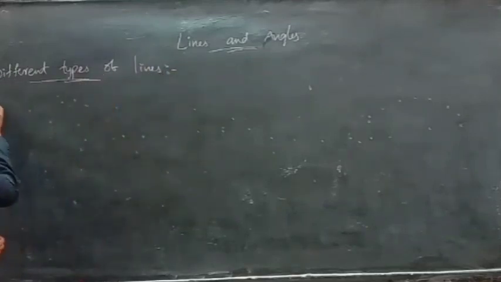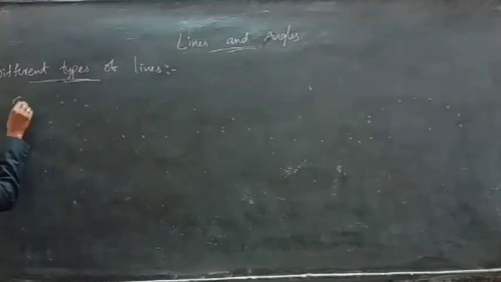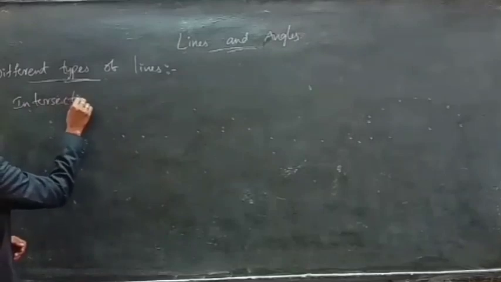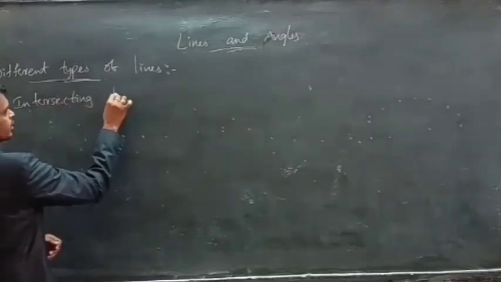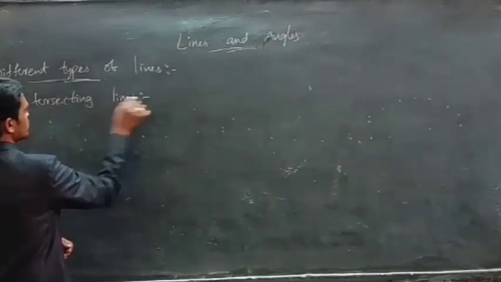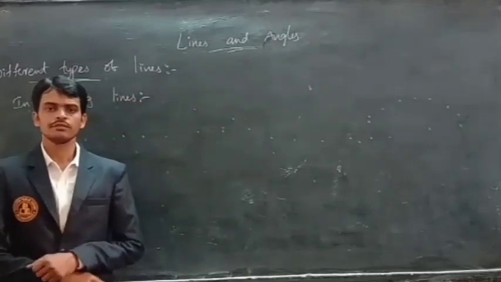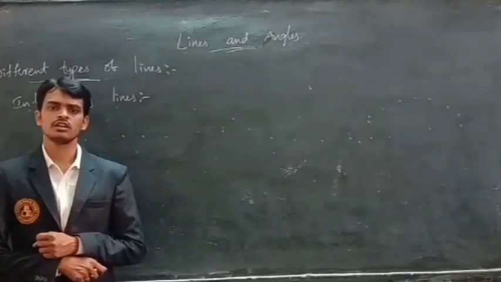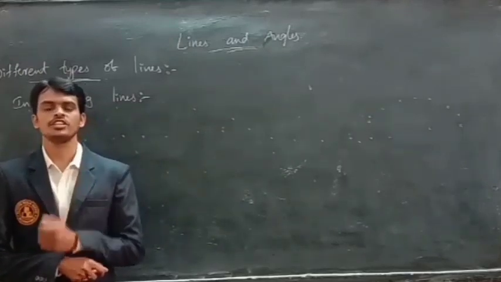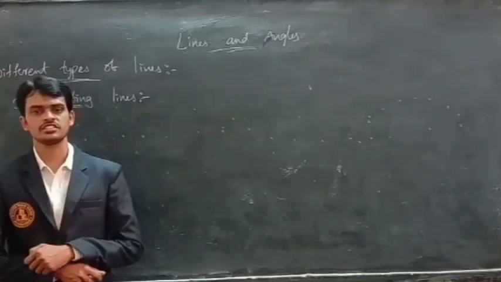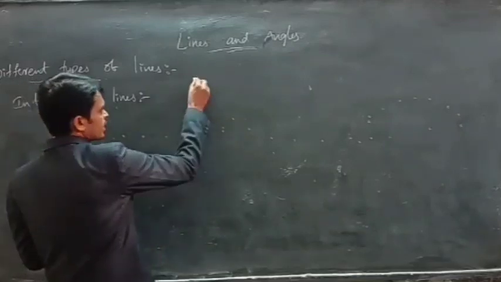First one, intersecting lines. If two lines have a common point, then the two lines are called intersecting lines. So this is a diagram of intersecting lines.